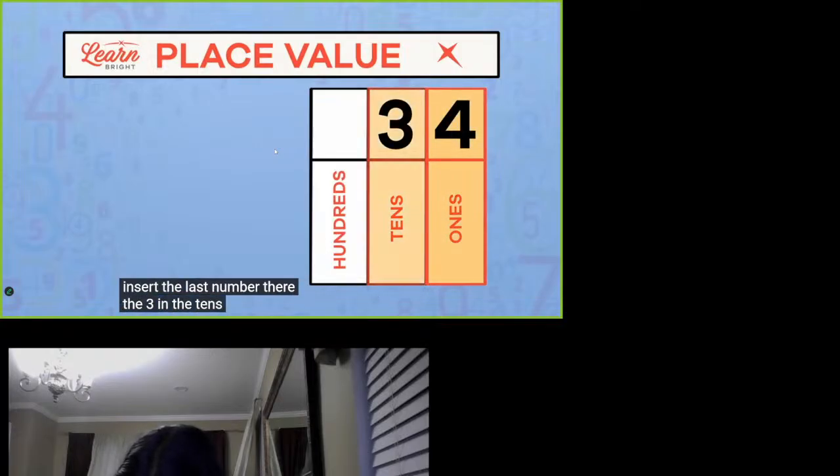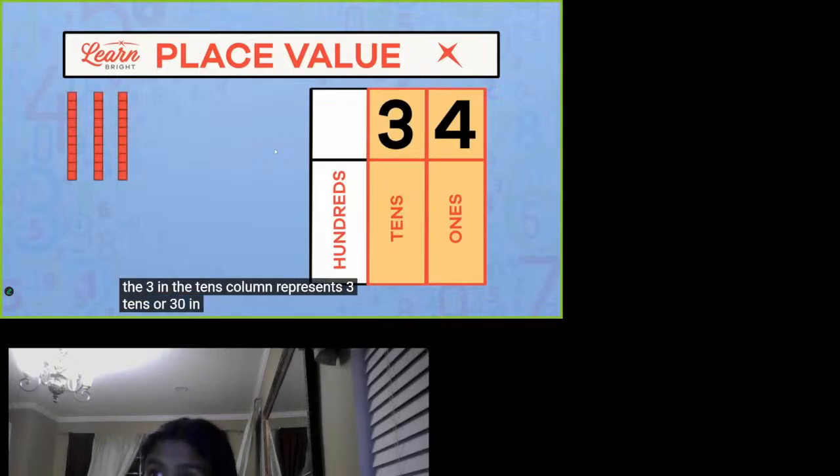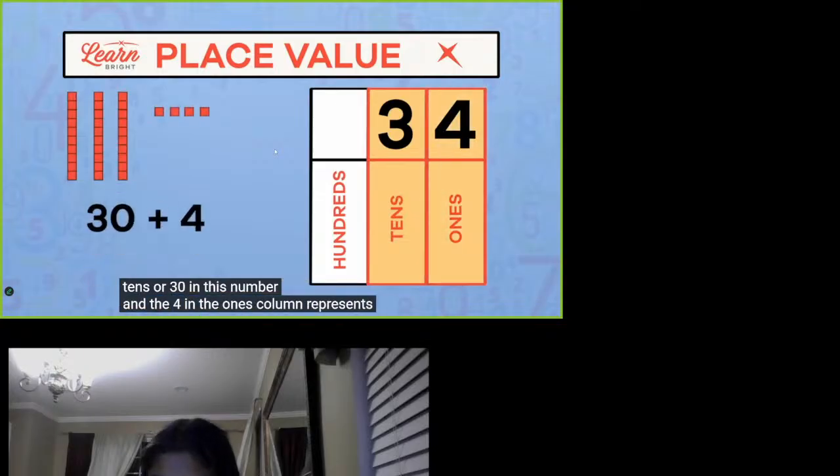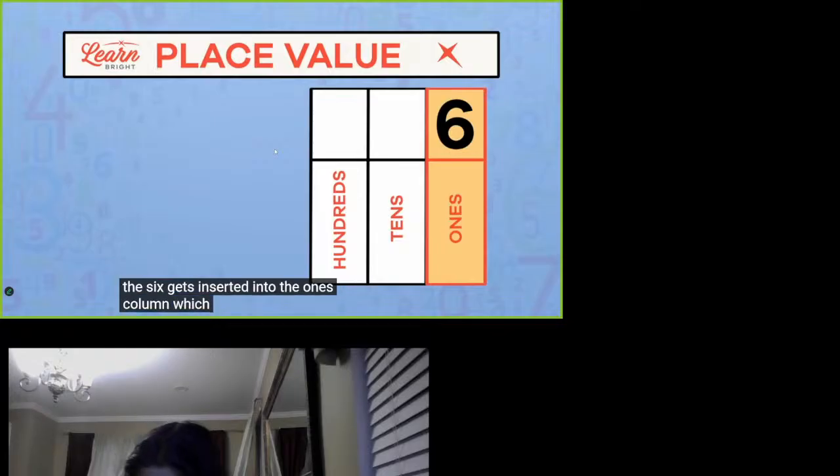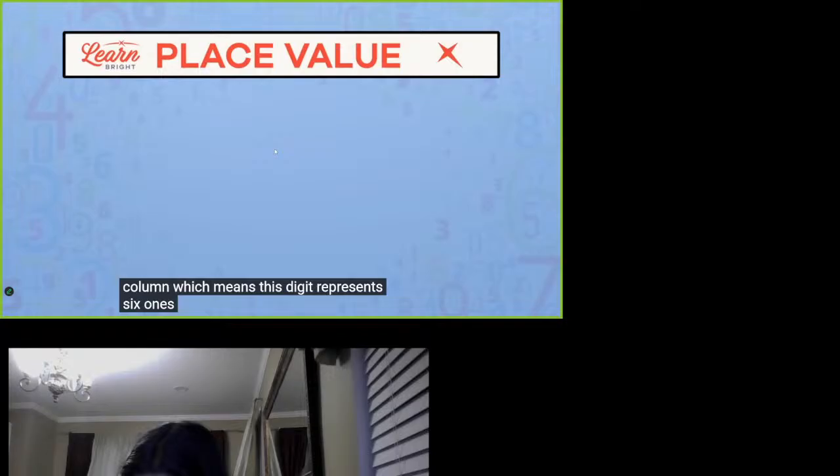The 3 in the tens column represents 3 tens, or 30 in this number, and the 4 in the ones column represents 4 ones, or 4. We do the same thing if the number is only 1 digit, like in the number 6. The 6 gets inserted into the ones column, which means this digit represents 6 ones.